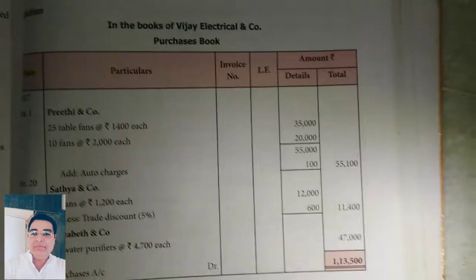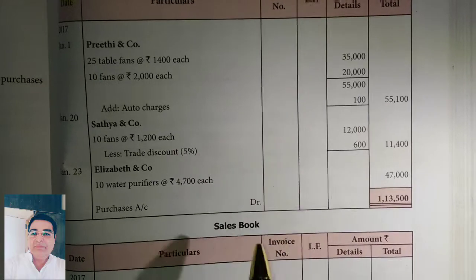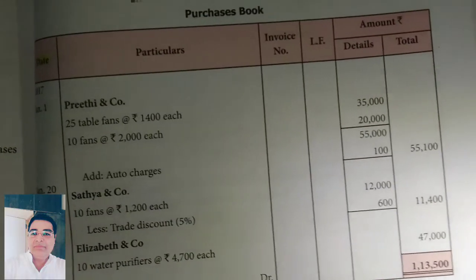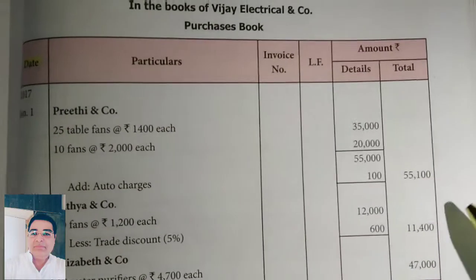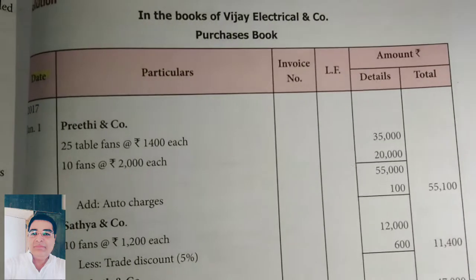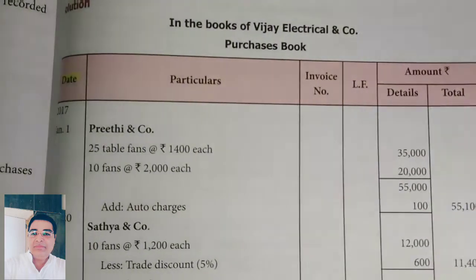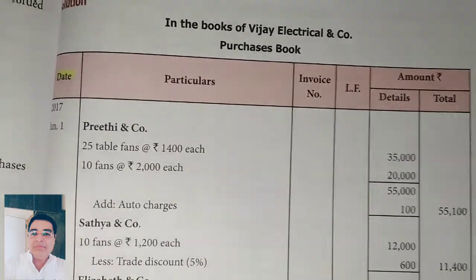Now you see the answer of purchase book. Answer, you have to add all these items. 55,100, 11,000, 47,000. So you will get this amount.